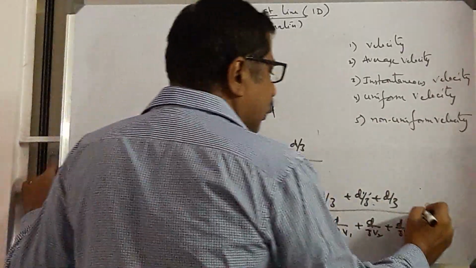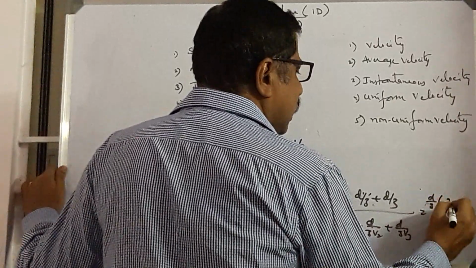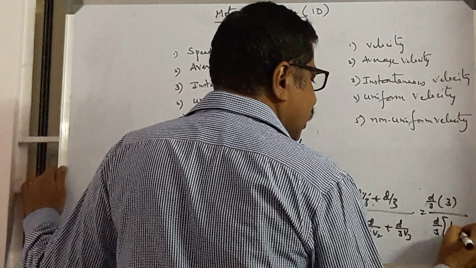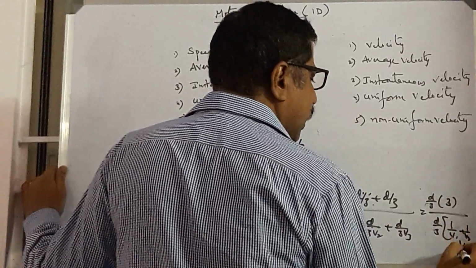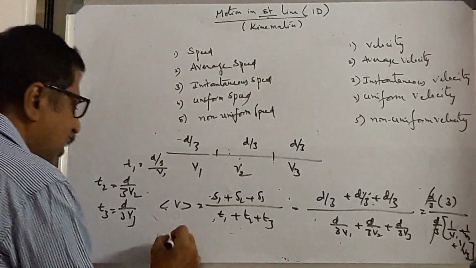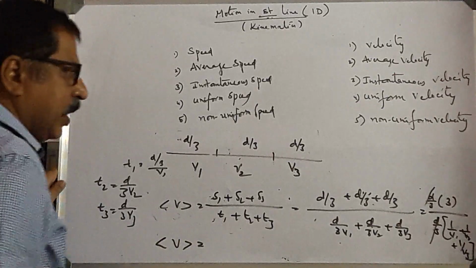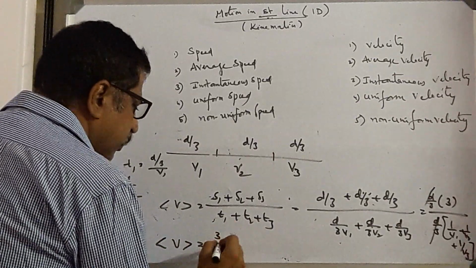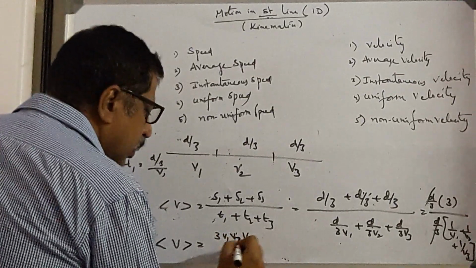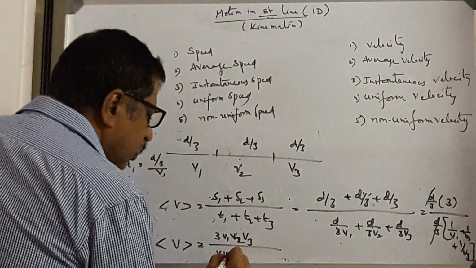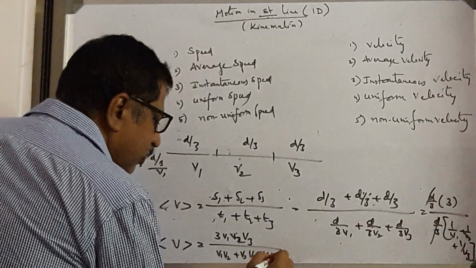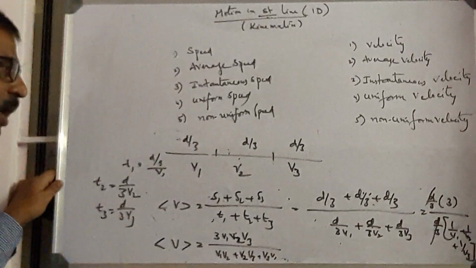D by 3 is common; we get 3 in the numerator, and in the denominator 1 by v1 plus 1 by v2 plus 1 by v3. D by 3 cancels. Now the average speed becomes 3 v1 v2 v3 divided by (v1 v2 plus v2 v3 plus v3 v1). This is the average speed.